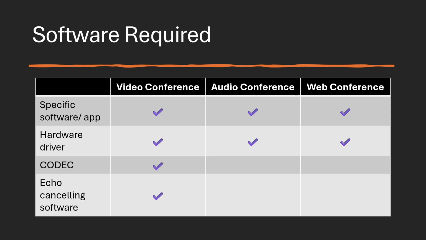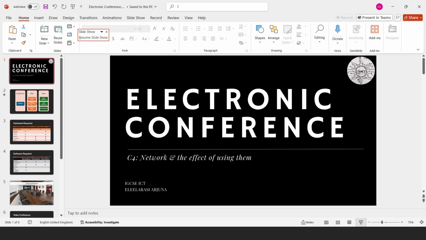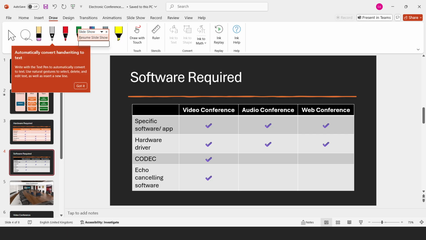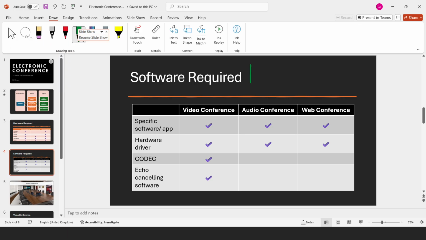So I hope you can see. This codec here is compressor, decompressor. What it does is, because you are having a video conference, your file is going to be very big, so it will be compressed into smaller data packets and transferred through the net online.